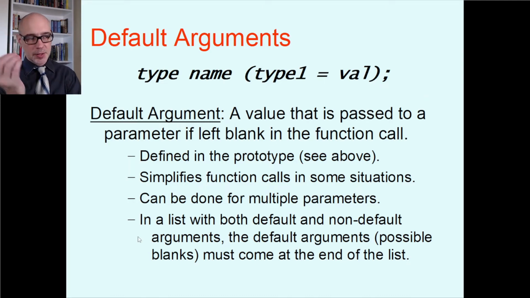And a tiny little detail, you may never run into this. If you have a parameter list and you want some of them to have these default values and you want some to not, then the default arguments have got to be at the end of the list. So you might possibly see int, comma, int equals 5, comma, int equals 10, and it's got to be in that order with the defaults at the end.